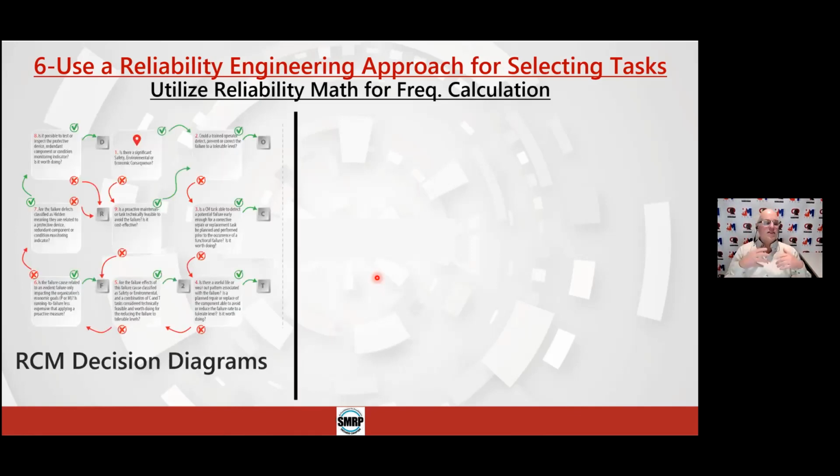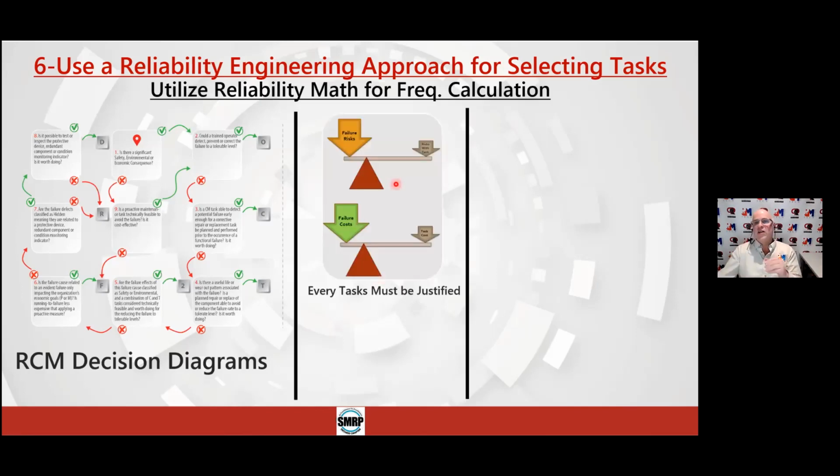So I recommend you use RCM decision diagrams, proven diagrams that let you not only select the right maintenance tasks according to the physics of the failure scientifically, but also evaluate and justify all of them. No maintenance tasks should be there unjustified. There must be a reason for using every single maintenance task.